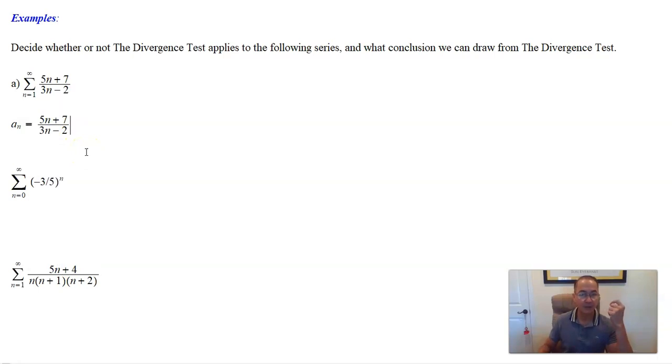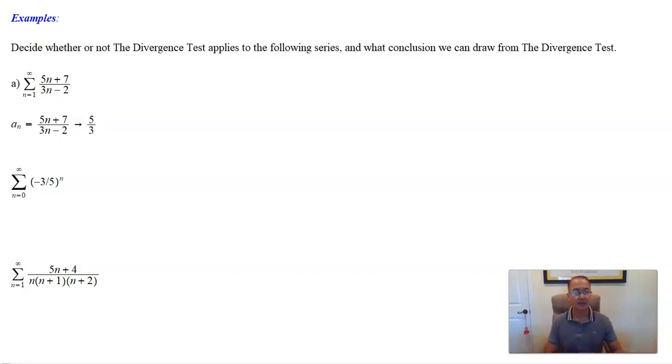Okay, so you did your homework in part 1. We saw sequences like this, and we know that since the degrees are the same in the numerator and the denominator, then the terms simply converge to 5 over 3, the coefficient of the highest term in the numerator over the coefficient of the highest term in the denominator.